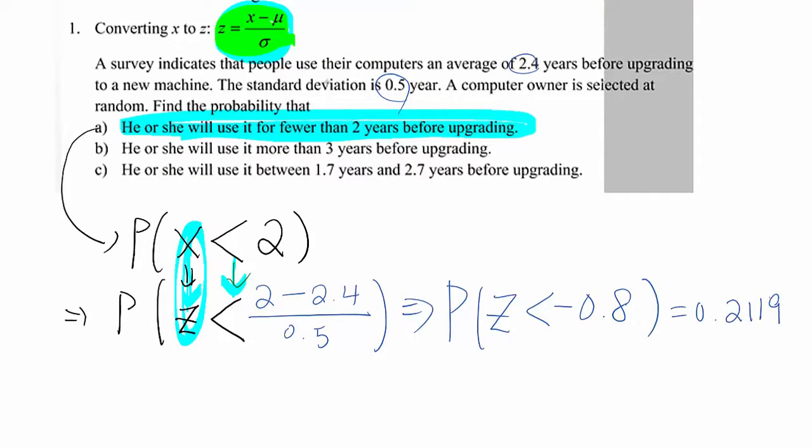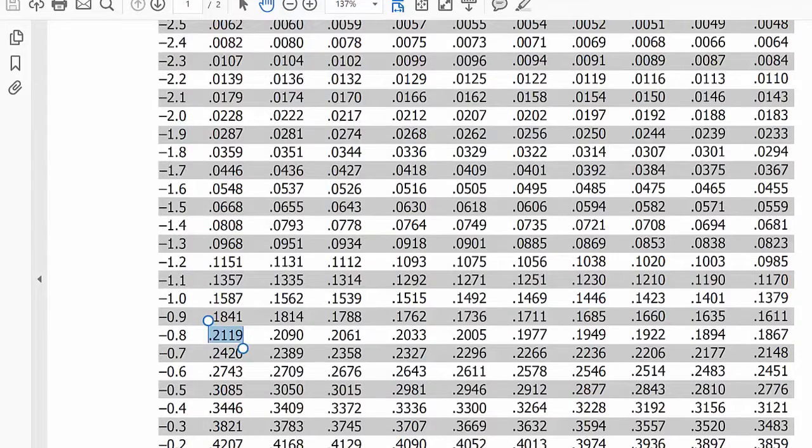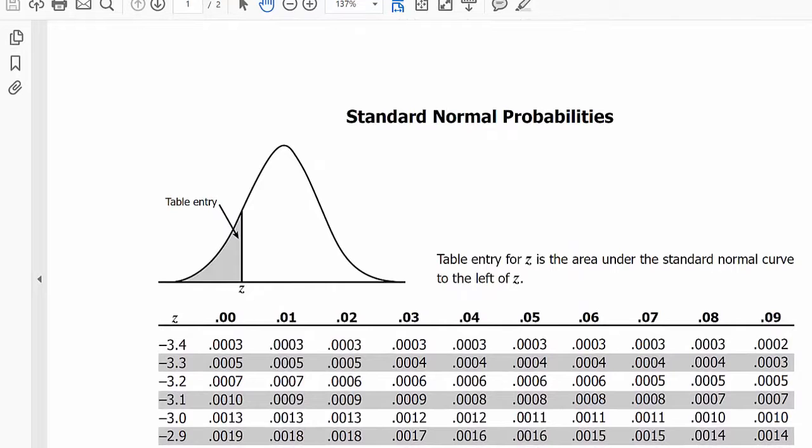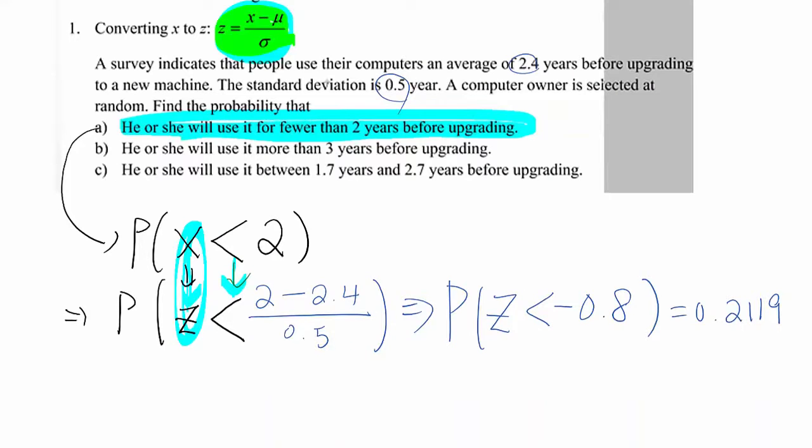Okay, one more time, when we talk about z-score, the z-score usually indicates left side area here, right? Left side means the values which are less than the particular z-score. So now it is actually matched with this condition, right? So we are finding the area value less than negative 0.8. So the answer will be 0.2119.